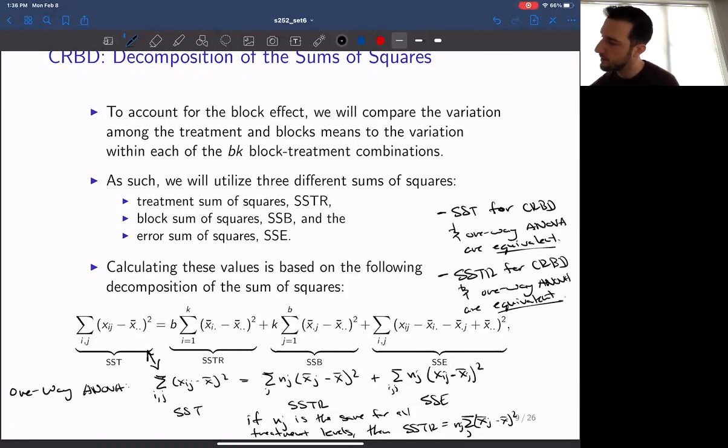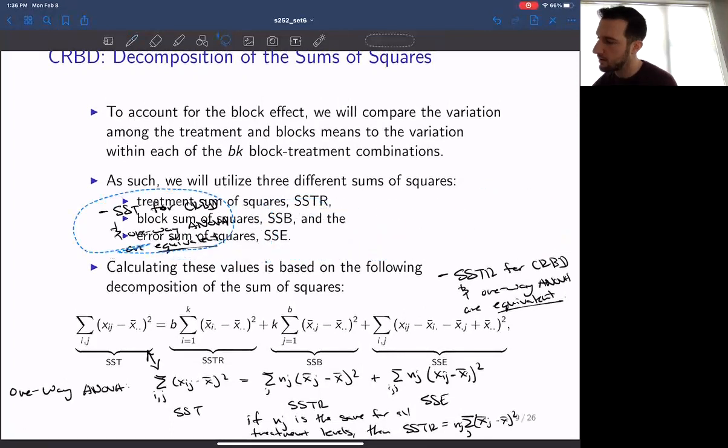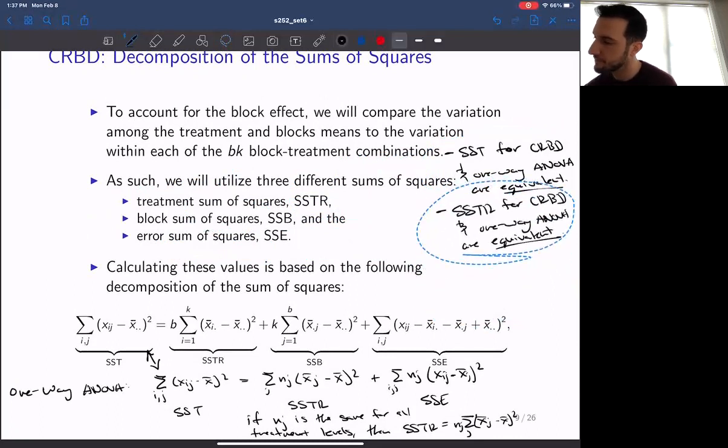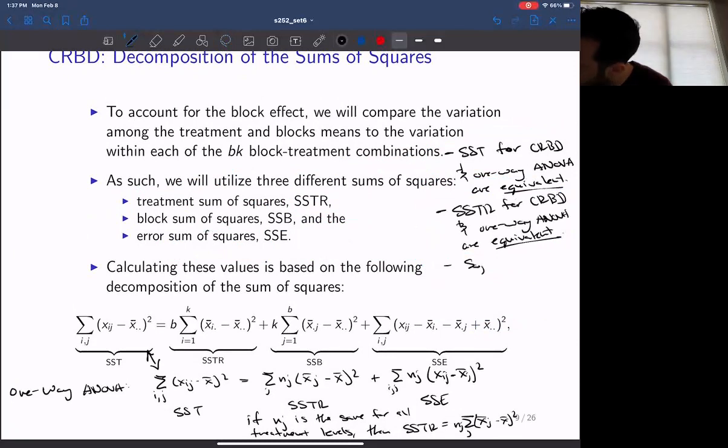Okay, so we have these are equivalent. The SSTRs are equivalent. So SSE from one-way ANOVA is now SSB plus SSE from CRBD.